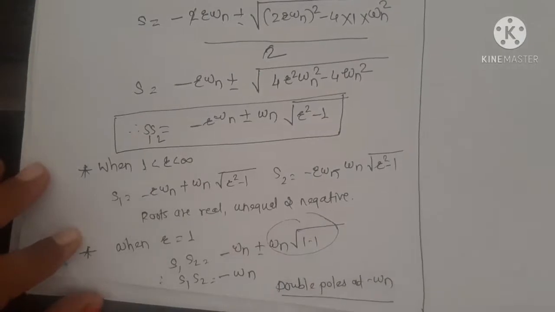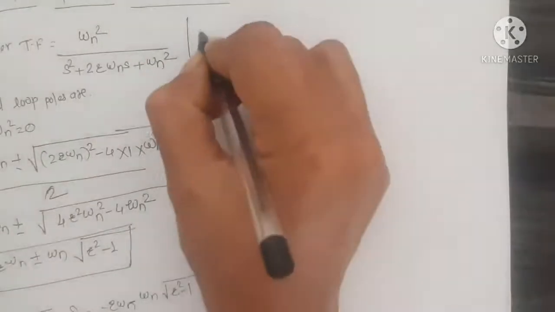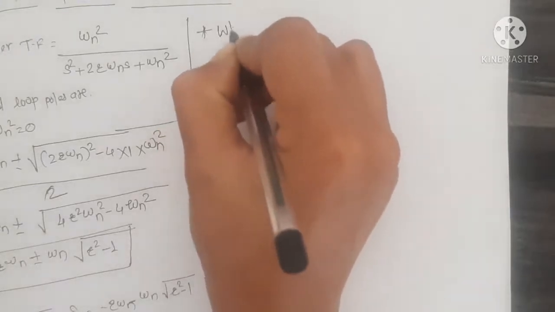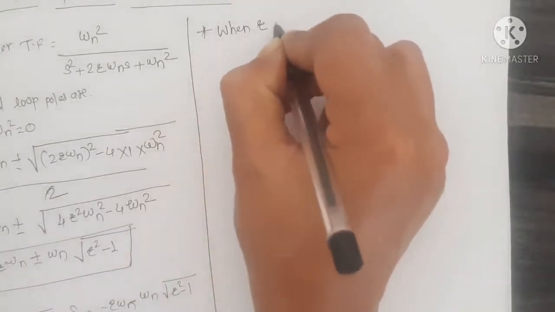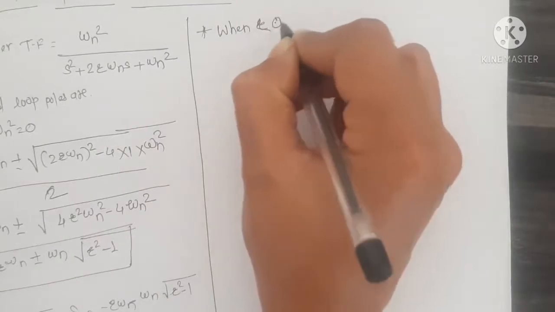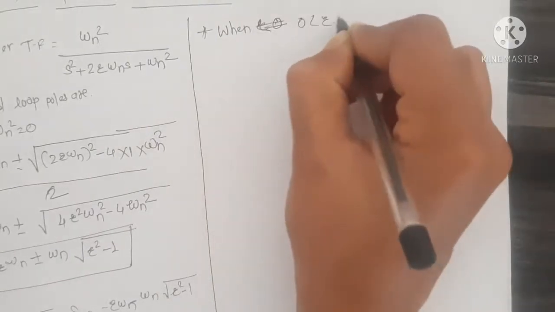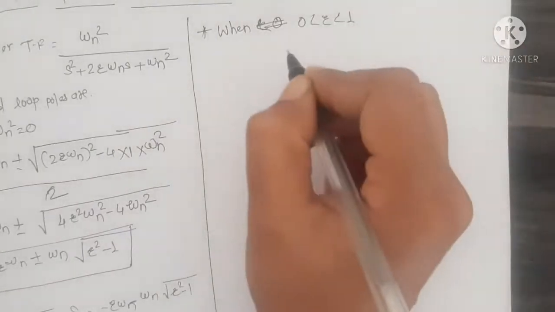Now next, when eta is greater than 0 but less than 1. The third condition is when eta is greater than 0 but less than 1.